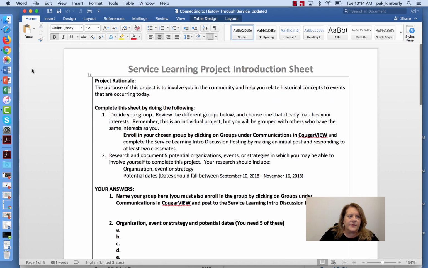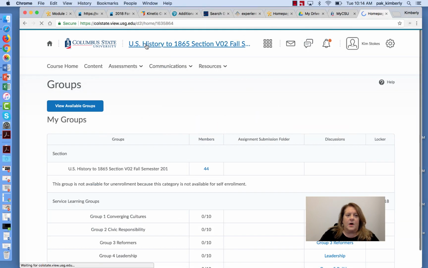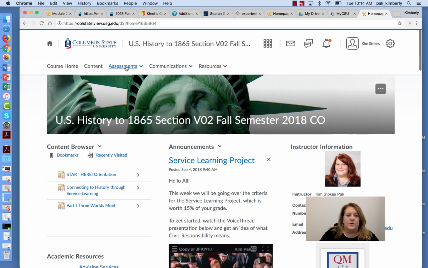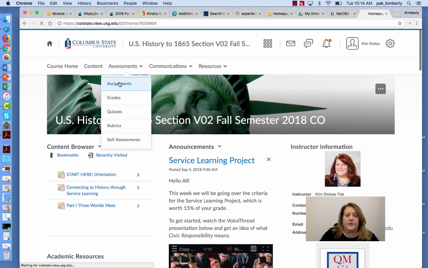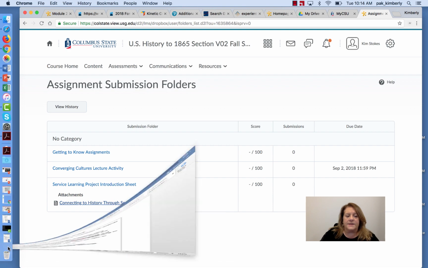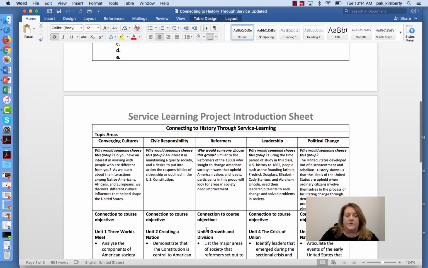So our tasks for this week, our assignments for this week, are for you to self-enroll in a group. First, you can look at your Connecting to History through Service Learning sheet. Fill this out. Consider what you might want to do. Okay. Enroll in one of these groups.